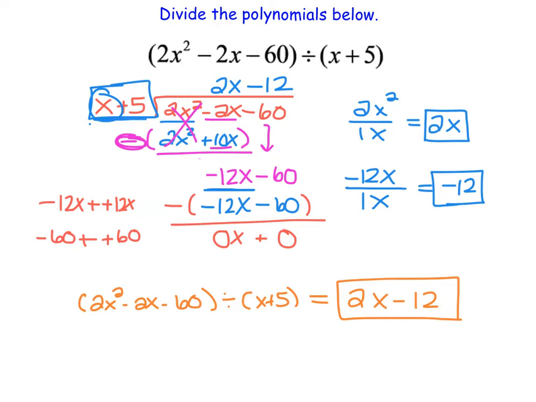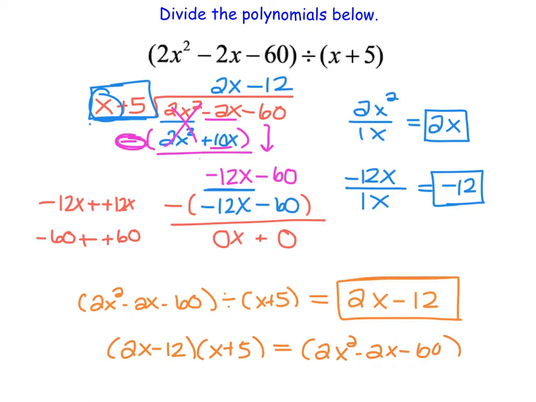Now truly what this means at the end of the day is that if we take 2x minus 12 and multiply it by x plus 5, we're going to get 2x squared minus 2x minus 60. So that's really what this means. But here is our answer, and you can see how long division helps us to figure out x plus 5 times what will give us this larger trinomial.